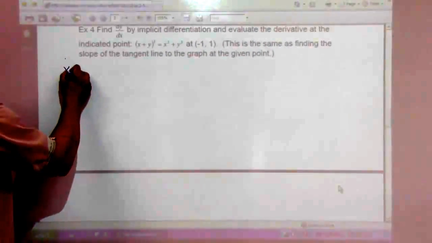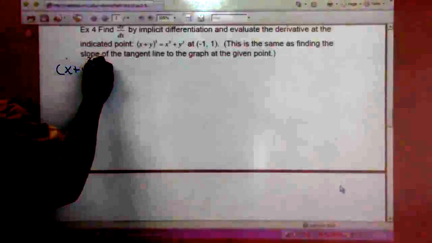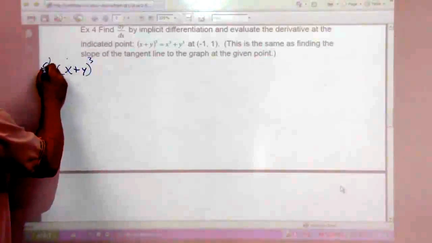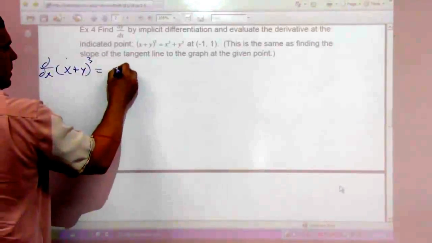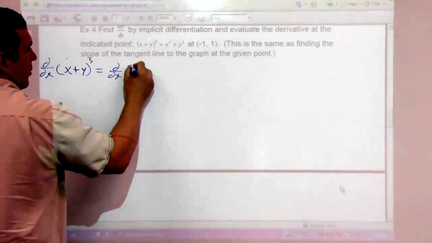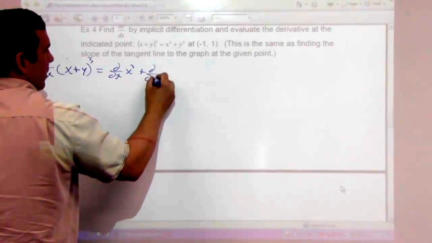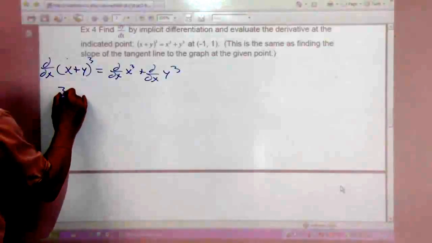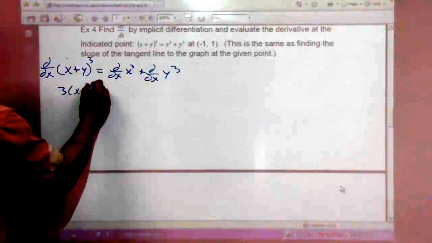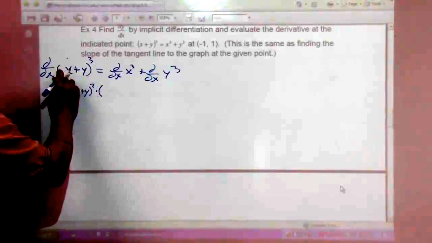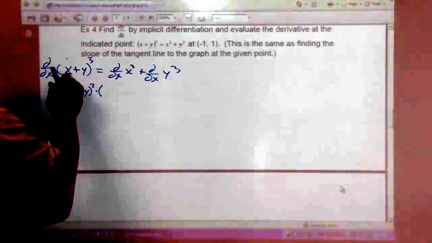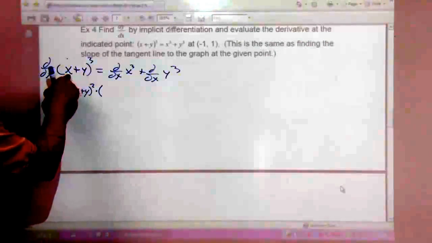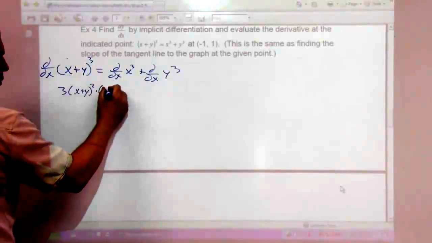So we have (x + y)^3. We're going to take d/dx of that equals d/dx of x^3 plus d/dx of y^3. So this derivative, we've got the chain rule. We have 3 times (x + y)^2 times the derivative of what's inside. The derivative with respect to x of x is 1.